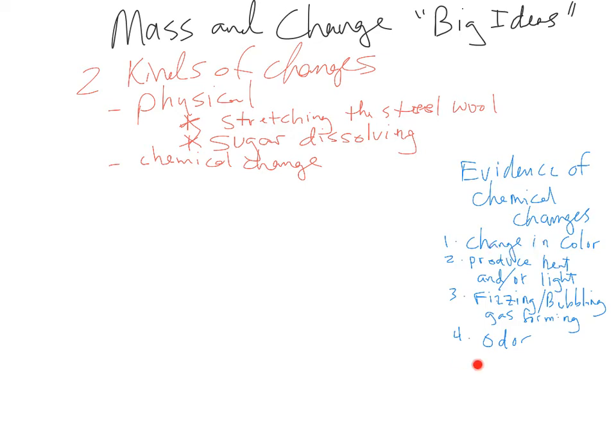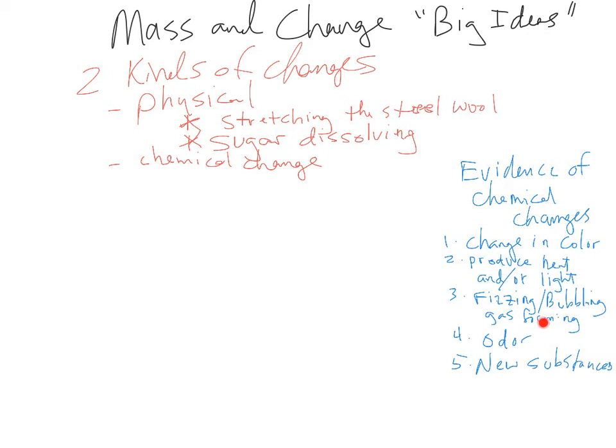So if you look at this list of things here, now I guess I'll add one more to the list. New substances are formed. That goes with what we said about the gas.